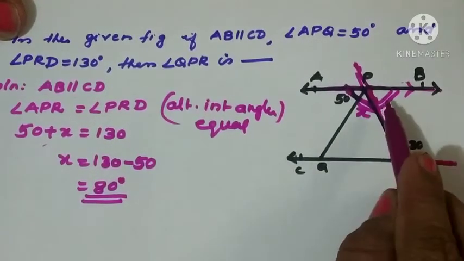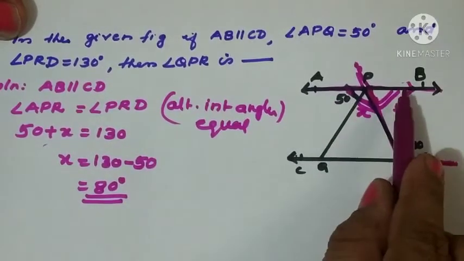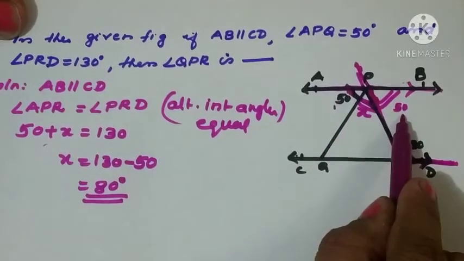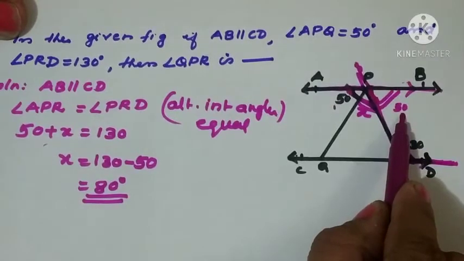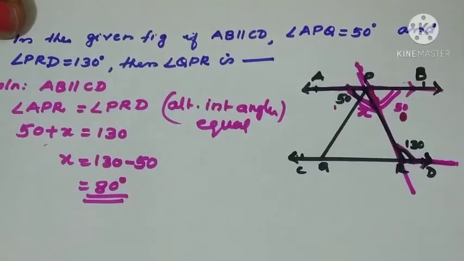If it is 130, this is 50 degree. Now it's a straight angle. Here 50, here 50. What is the total amount? 100. So what is the remaining angle? 80 degree. So any method you can adopt, but whatever method you are writing, write the correct reasons.